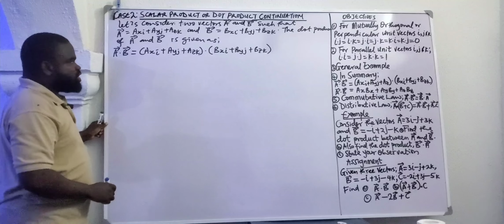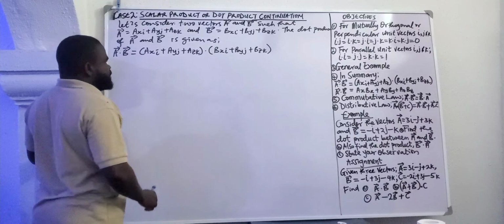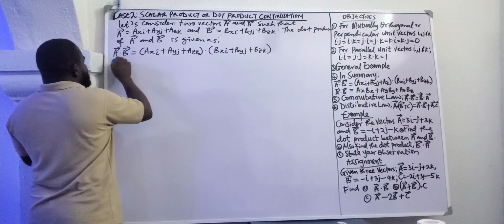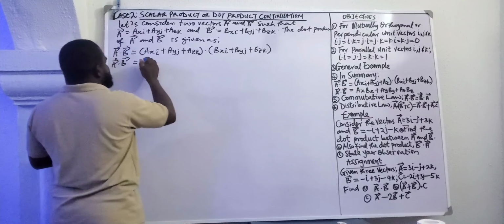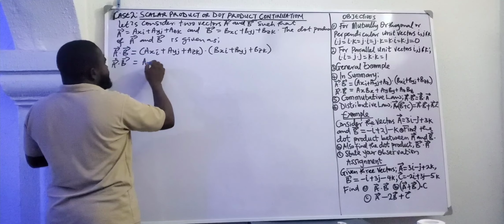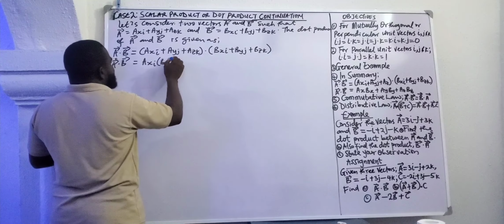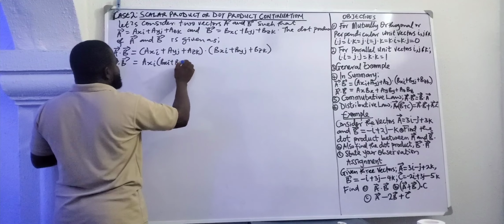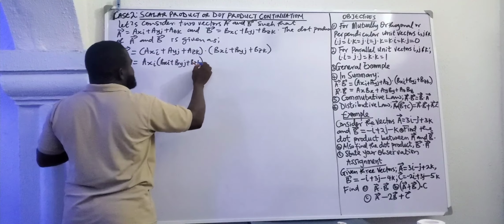Now, we are going to expand because this vector is multiplying this. Let's expand. It means vector A dot B on expansion, AX will multiply everything here. That gives us AXI multiplying BXI plus BYJ plus BZK.